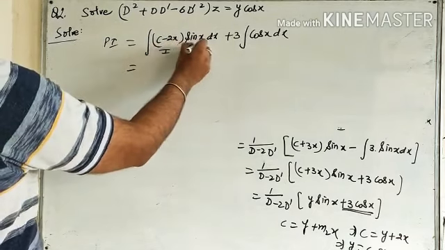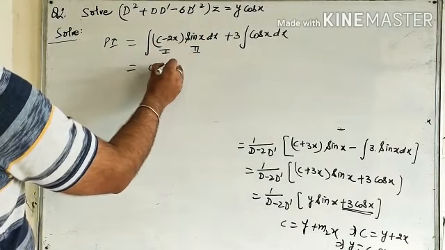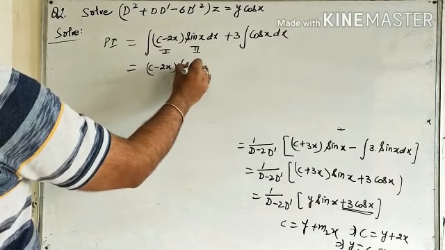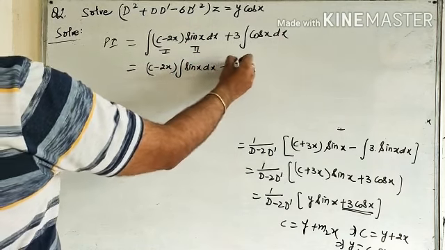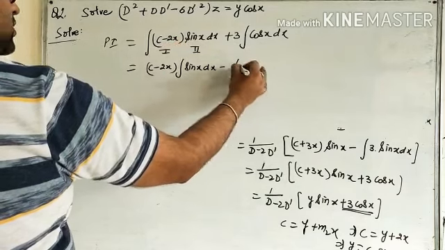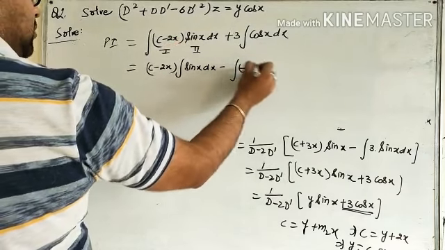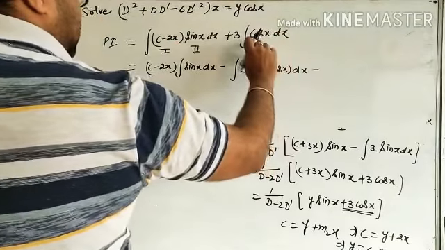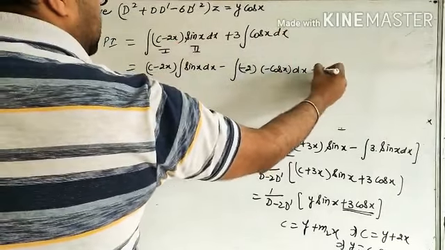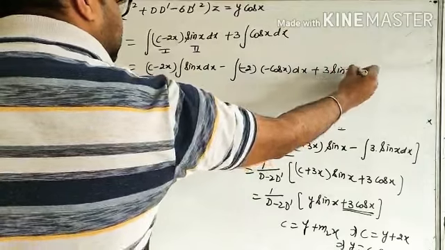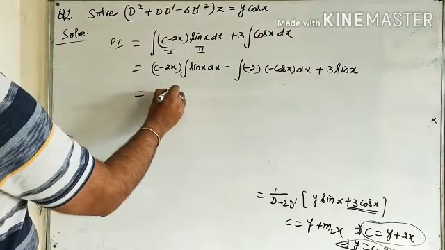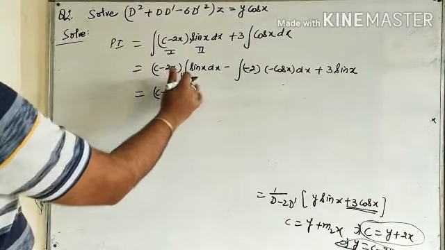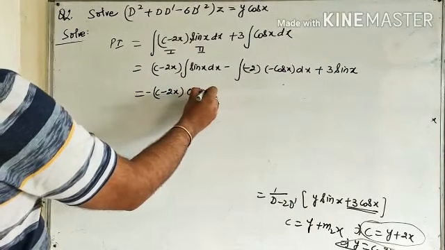For this, we have to apply ILATE, c minus 2x as it is, integral of sin x, minus differentiation of this function which is minus 2, integral of sin x is minus cos x dx, and the integration of cos x is sin x, that is plus 3 sin x. This is equals to c minus 2x, integral of sin x is minus cos x.